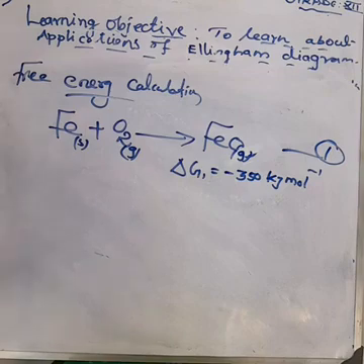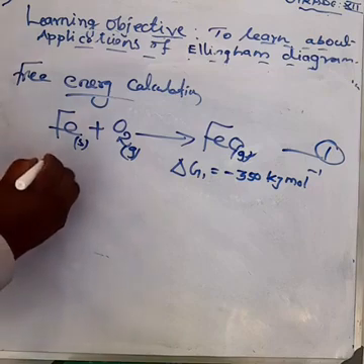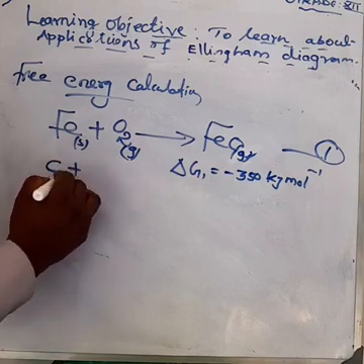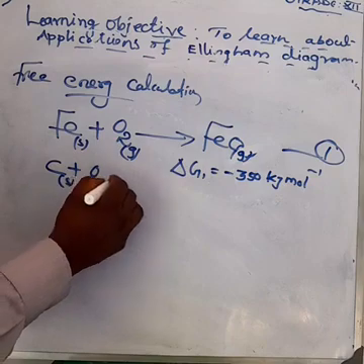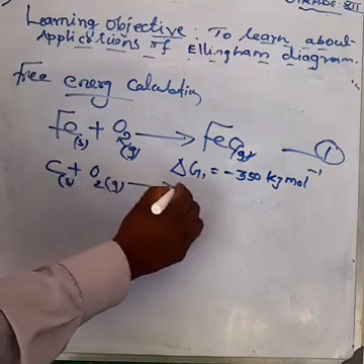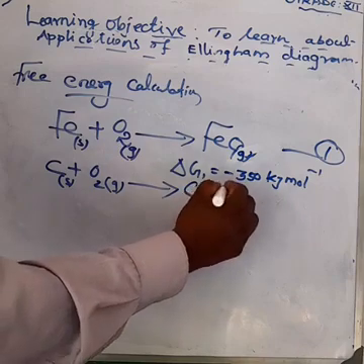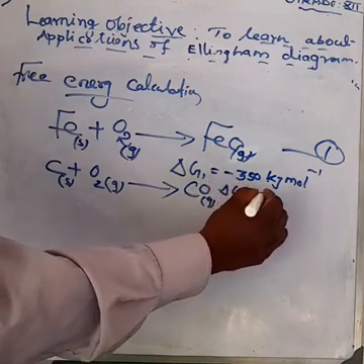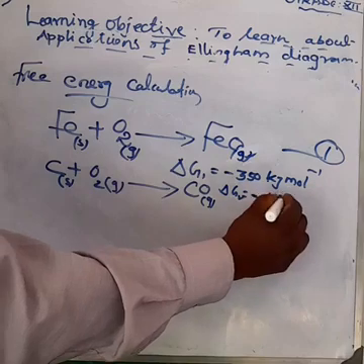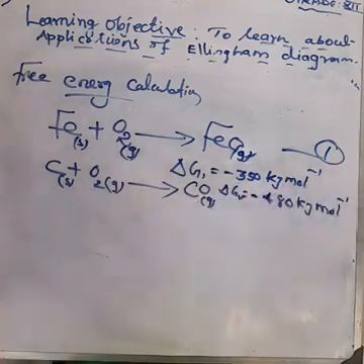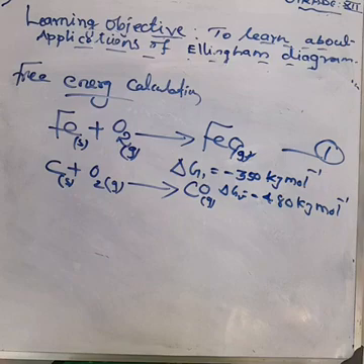Second, carbon, a solid, reacts with gaseous oxygen to give carbon monoxide gas. Here I am giving the delta G2 value, equal to minus 480 kilojoules per mole. That is the second equation. Listen, all of you.